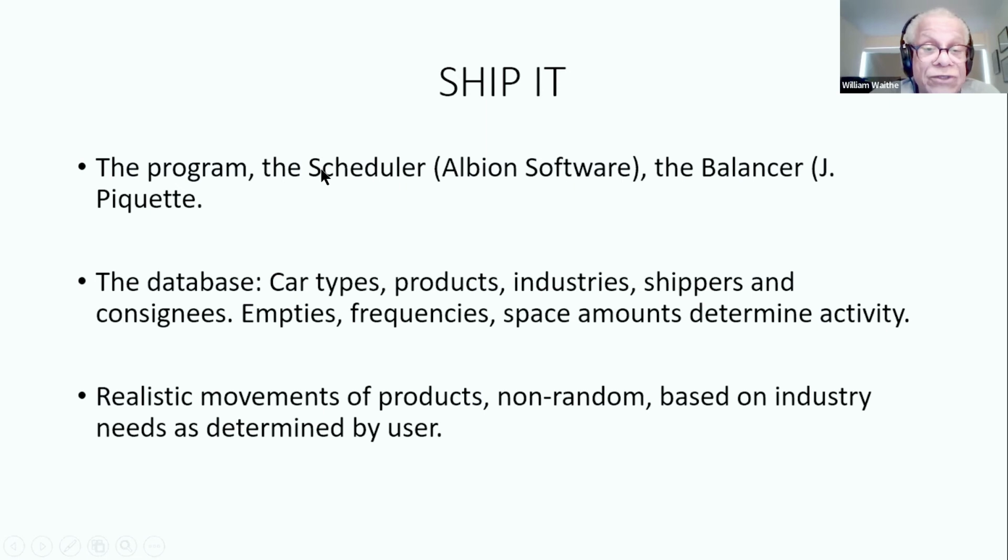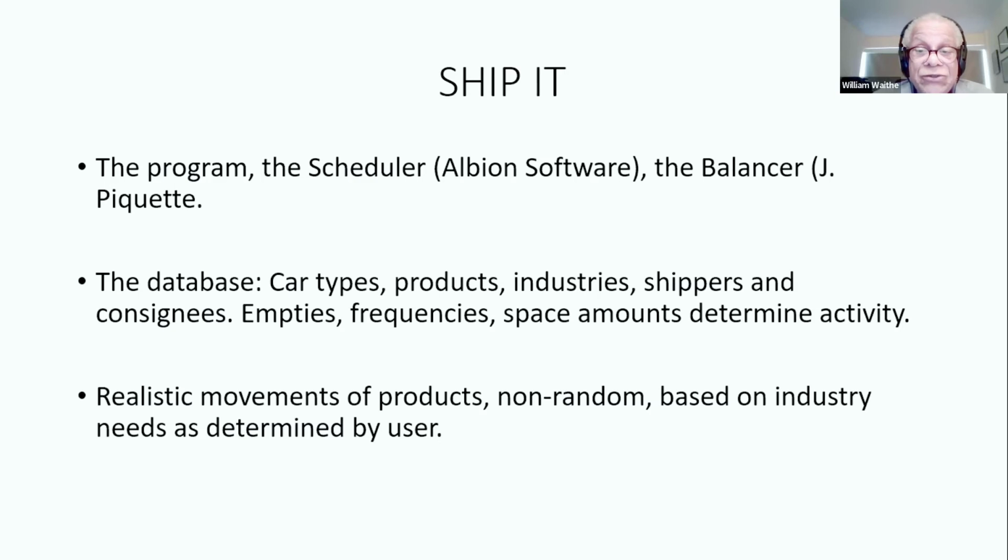The scheduler will go through a series of iterations, and it will give you a score. Now, the idea of using the program itself is to get a balance between what you're producing and what you need for each product. And if you have even, for example, 2 industries, and they each have several products, it would be difficult to arrange by yourself a good balance so that things stay in balance.